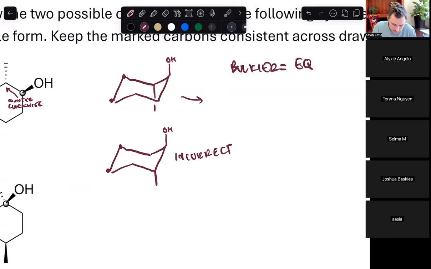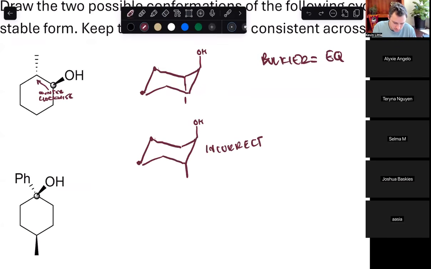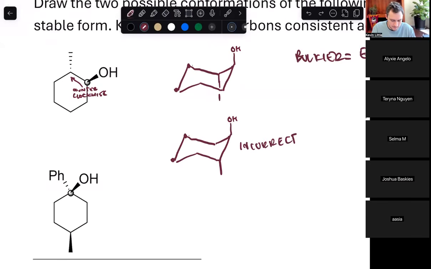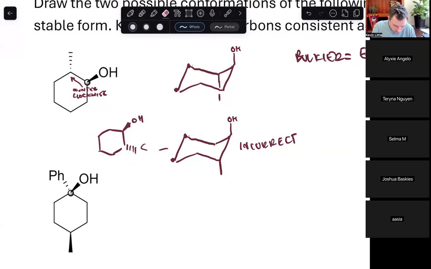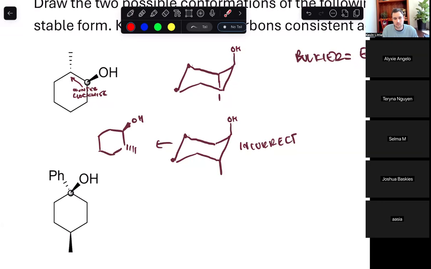If I convert this back into a cyclohexane, what I would get is this. So this is not the same molecule as this, right?